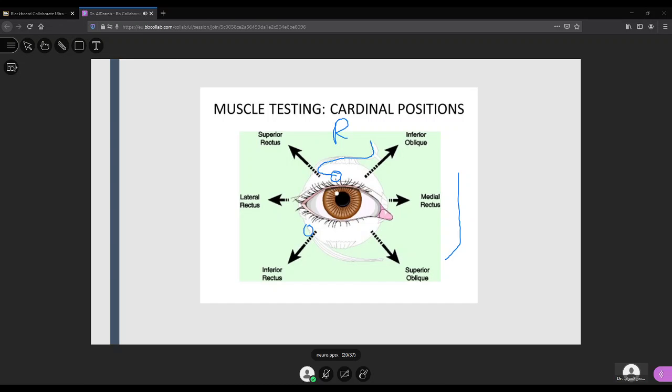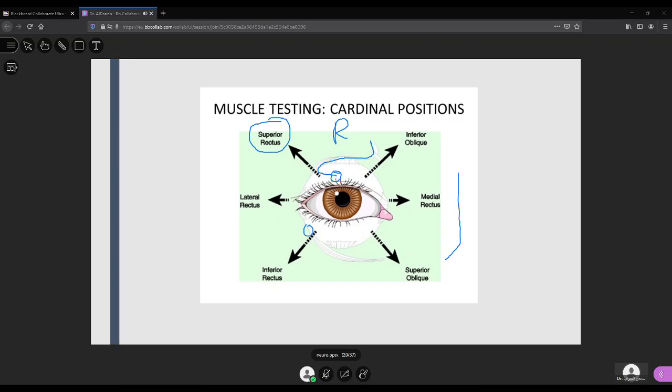Concentrate here now. This photo, what you are seeing now, for example, is a right superior rectus. This is not the action of the superior rectus. No, this is the area where you should examine the superior rectus in isolation.